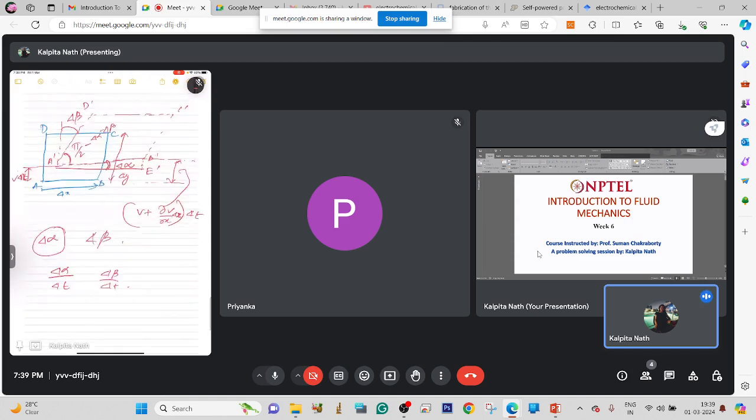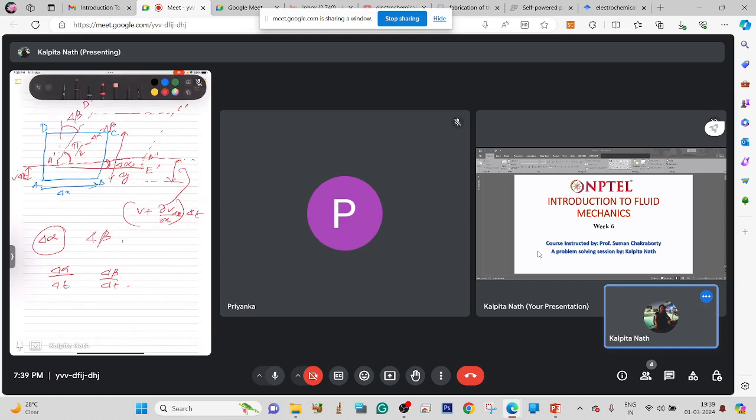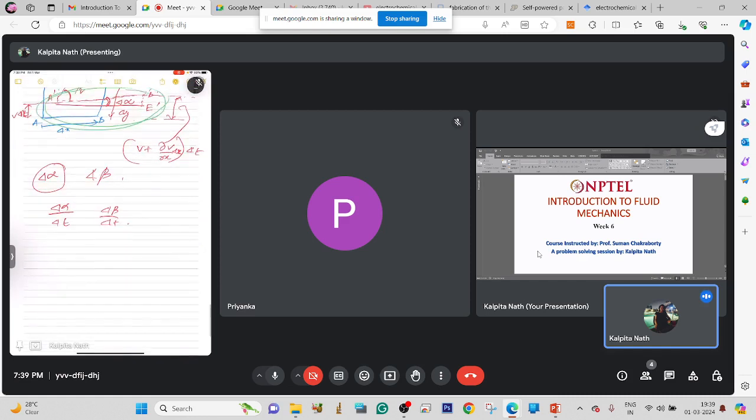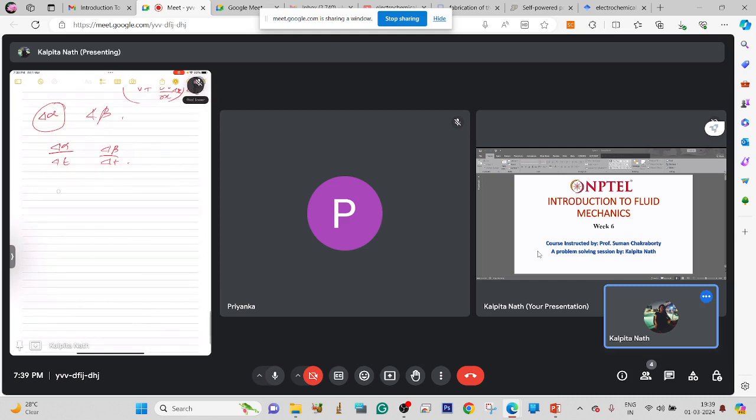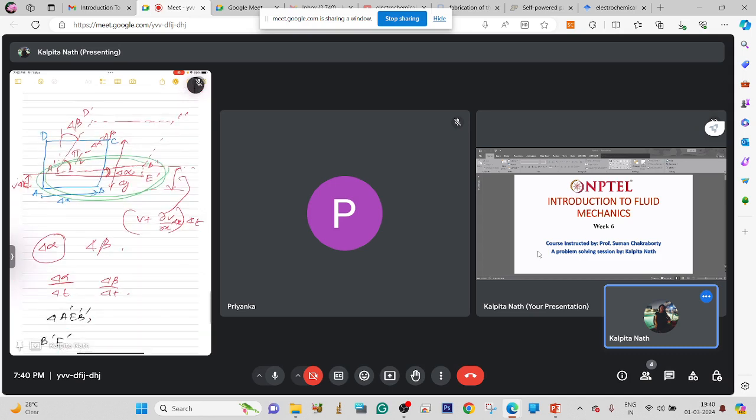So let's suppose we consider this triangle, that means triangle AEB dash. So B dash E dash means which one? B dash E dash means this portion.